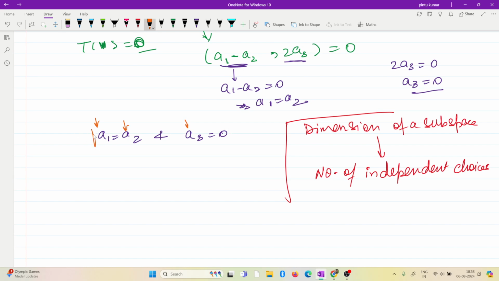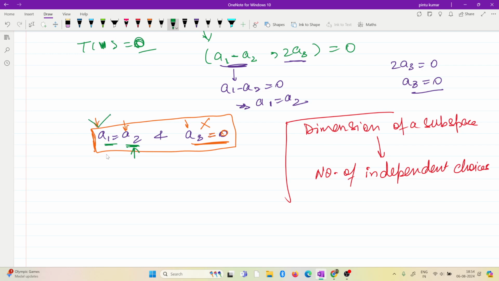Now, based on these conditions, how many independent choices can you make? Your A3 is already fixed. Your A3 can only be 0. So for A3, you can't make any choice. You don't have a choice of what A3 you should pick. The second thing is your A1 is equal to A2. So as soon as you pick your A2, your A1 becomes fixed.